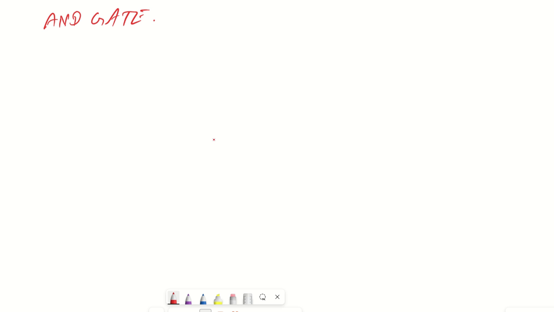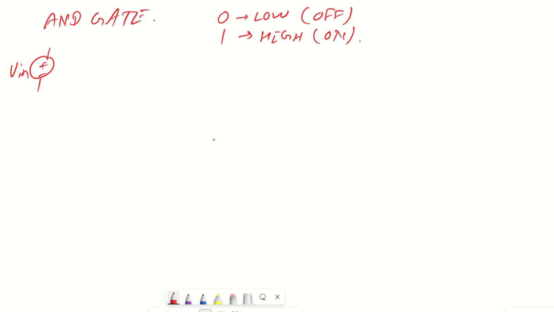As I already told you, 0 means low or it is off, and 1 means high and it is on. So this is the thing that you have to take care of. Now AND gate, what it does is, let us say we have input voltage here, which is my V input. Now we have a resistor and here, let us say, a bulb.